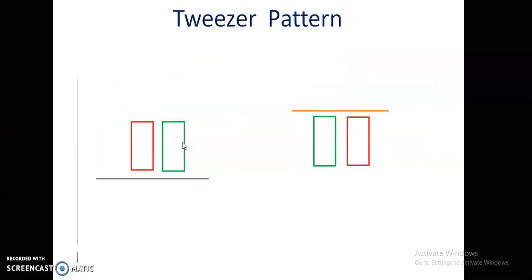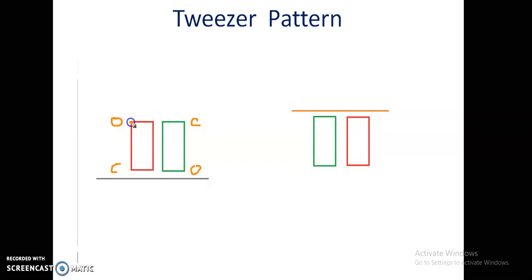Let's check number 2, the most powerful candlestick pattern I apply. This is called the tweezer pattern. In the tweezer pattern, here you can see this one open and close, and the next candle open and close. When we combine both of them, how will it look?